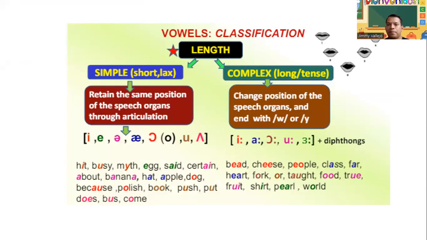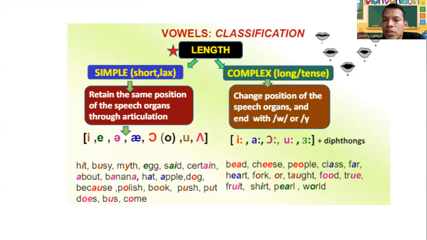The simple length is when the speech organs retain the same position throughout the articulation. For example: he, busy, meet, eat, say, certain, about, banana. All these are examples of simple length.